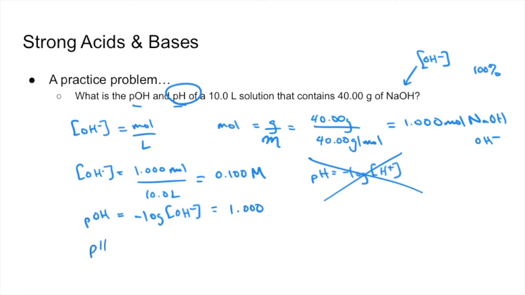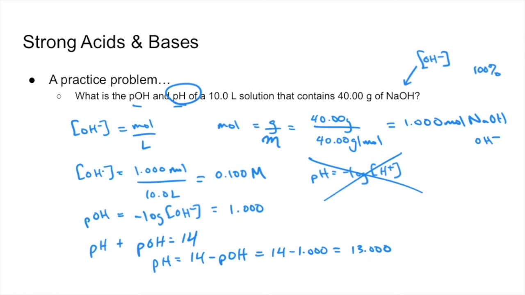Well, remember, pH plus pOH equals 14. So you can find the pH by taking 14 minus pOH. So in this case, 14 minus 1.000. And that 14, by the way, is an exact number. So 13.000 is the pH. So pretty darn basic, right?